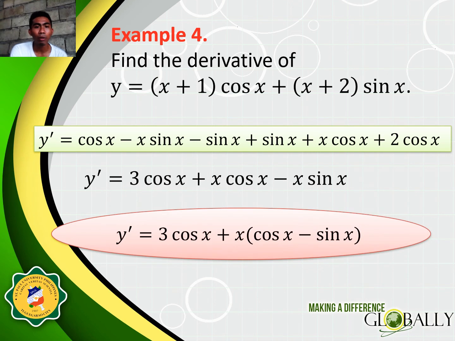Therefore, the derivative of y equals x plus 1 cosine x plus quantity x plus 2 sine x is 3 cosine x plus x times cosine x minus sine x.